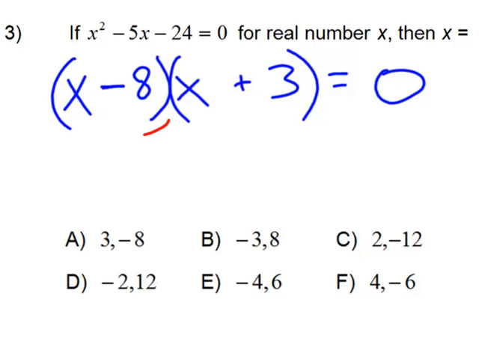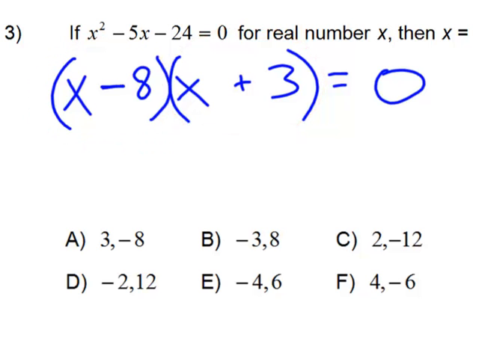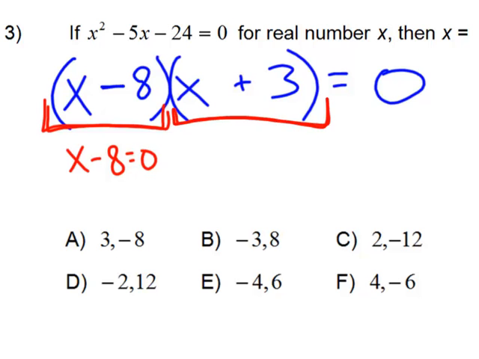And if I have this times this multiplying to 0, that means that one of those must equal 0. I often find that students can tell me the right answer from this point, but they're not very good at understanding why. The idea is that if you're multiplying two quantities times each other and they equal 0, either the first one or the second one of those two factors must equal 0 if their product is 0.